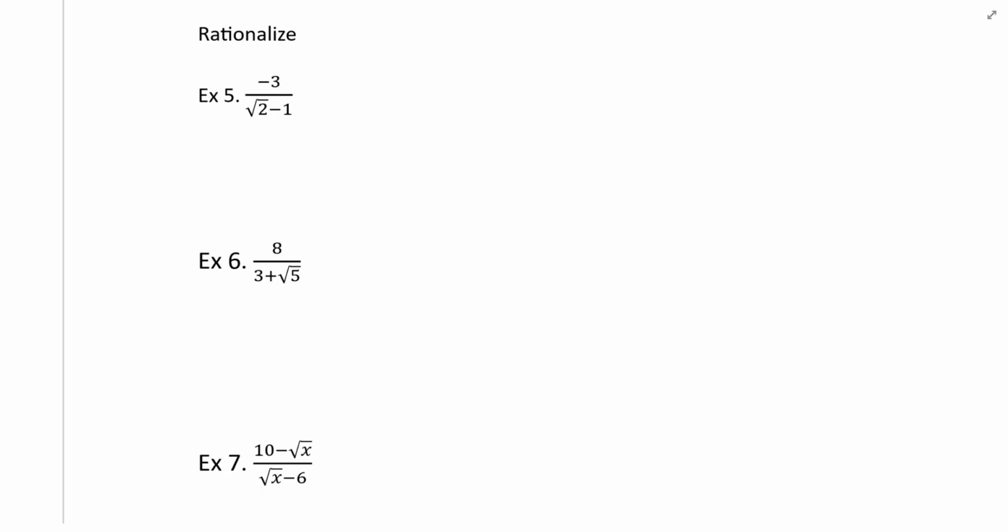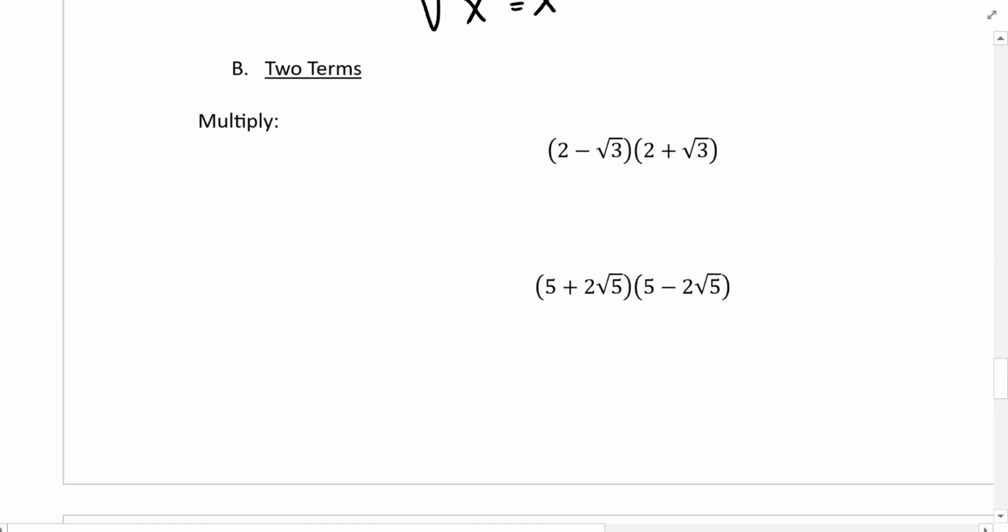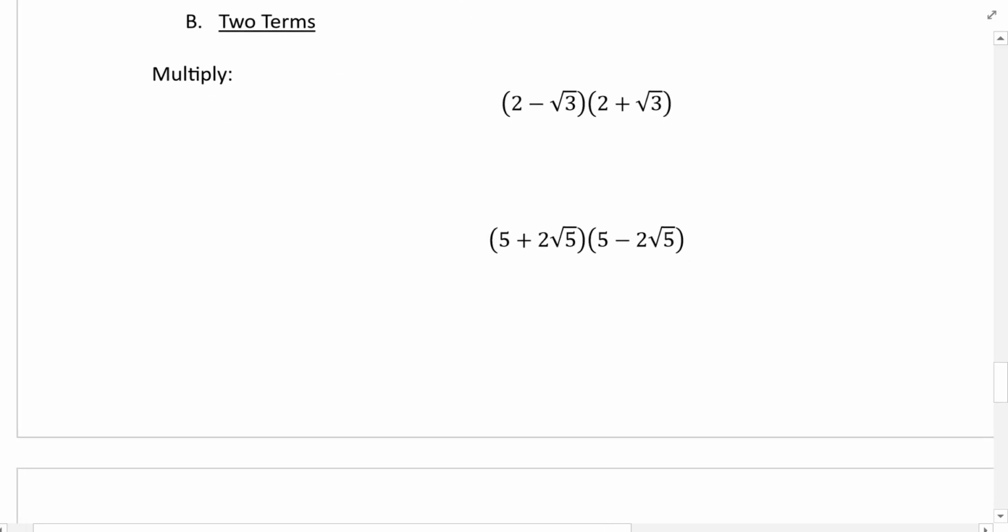So now let's take a look at how we would rationalize denominators when we have more than one term. Before we do this one, we are thinking what we should multiply this denominator by to get rid of the radical. Before we do that, let's take a look at what these products equal.